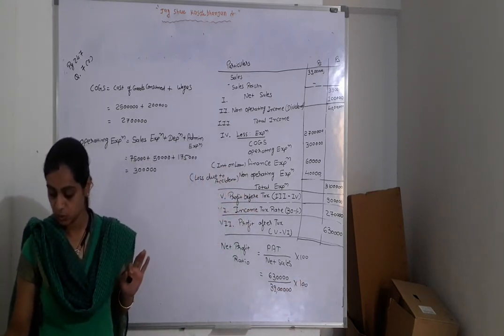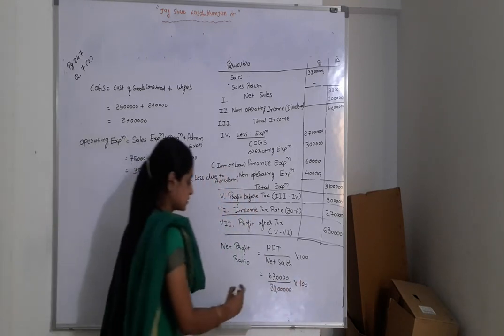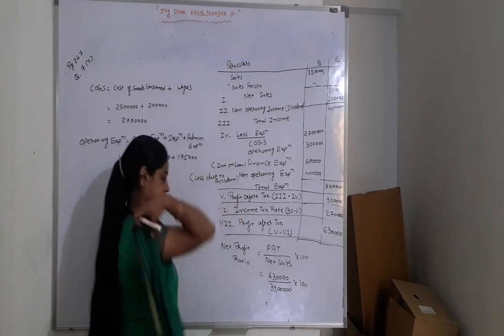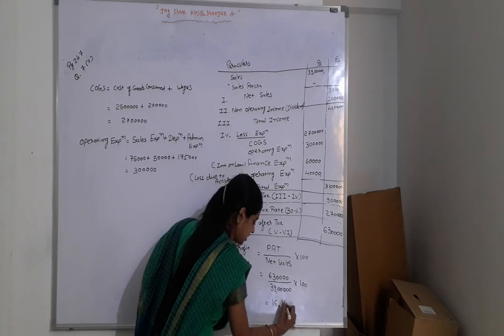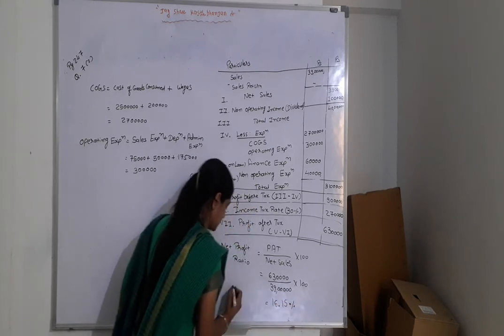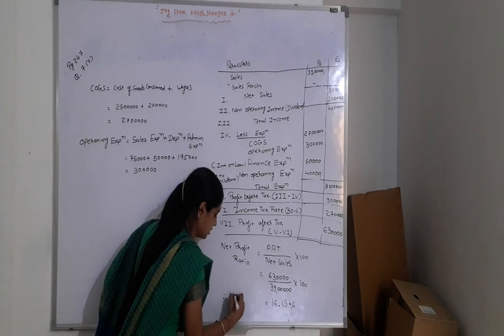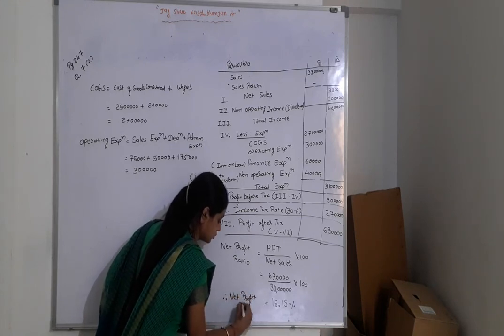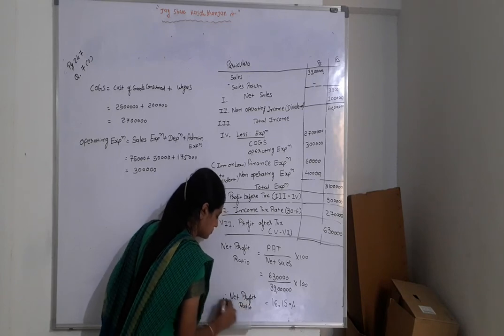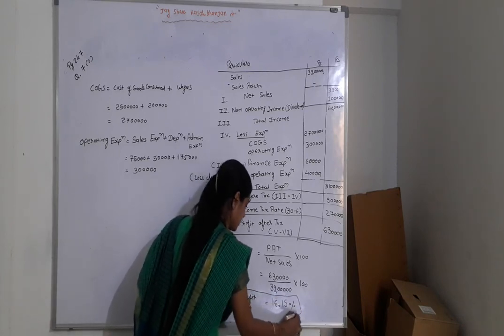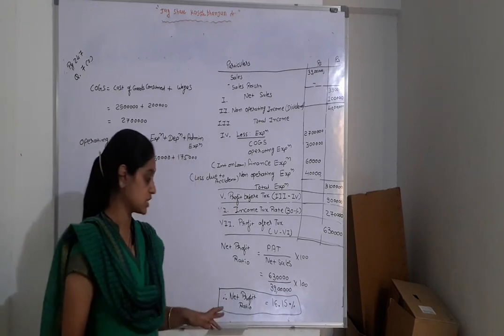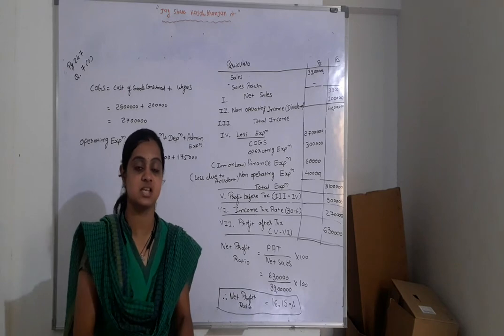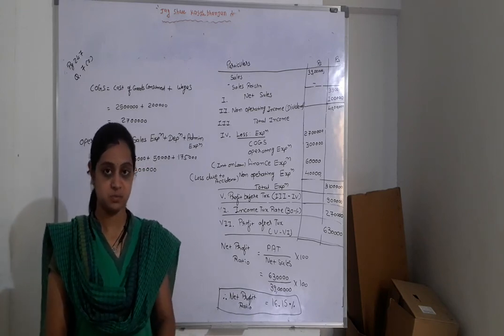Okay, and we get the answer 16.15%. Our net profit ratio is 16.15%. That means our expenses are near about 85%.